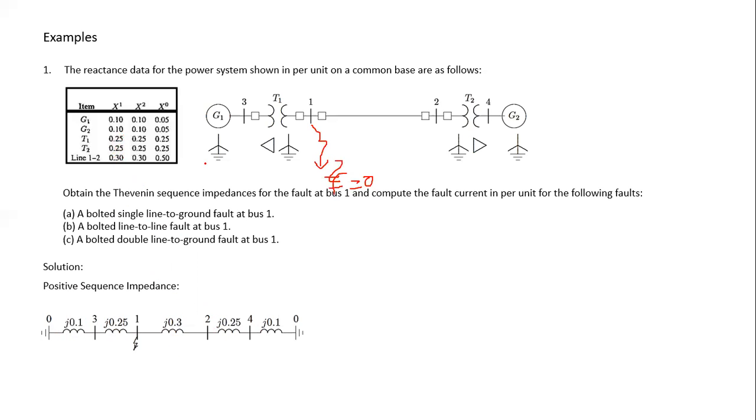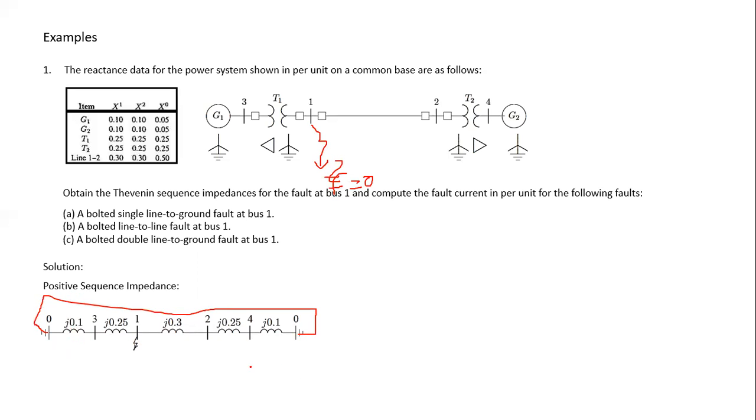And then we connect the generators to the reference, to the neutral, and then we determine the Thevenin sequence impedance for the positive sequence from bus 1 to the reference point.